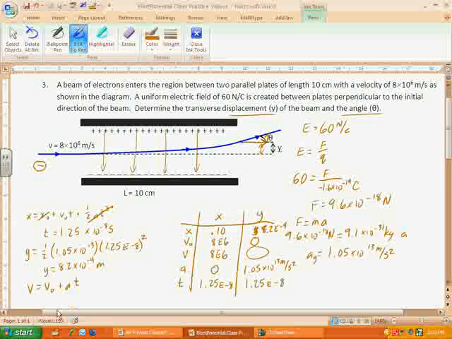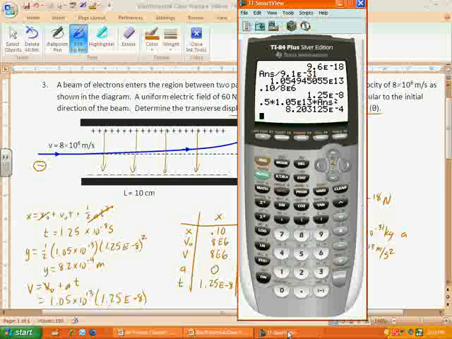And so the initial velocity for the y direction is 0. Acceleration for the y direction is still 1.05 times 10 to the 13th. And then the time is, of course, 1.25 times 10 to the negative 8th. And so let's go ahead and do that.